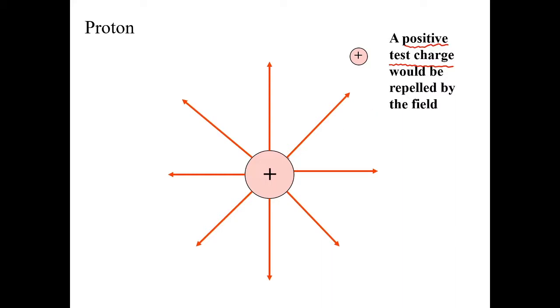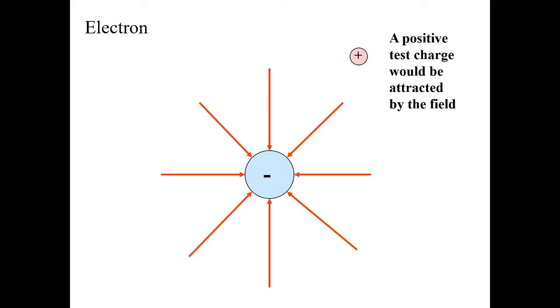So the way they do this is when we draw field lines going out from a proton, they always go out, because that's the same direction this positive test charge would be moved, because positive and positive charges would repel each other. So that little positive test charge up here is going to move away. A metaphor, a way that I like to think about it, is a positive person gives things and sends good things out into the world from themselves, just like the positive charge, the field lines go out.